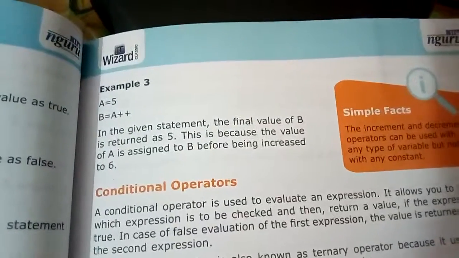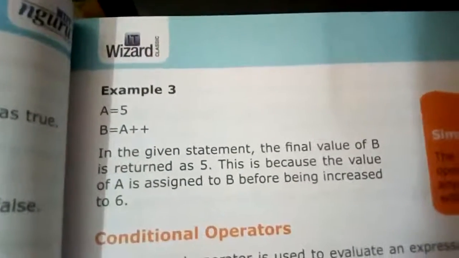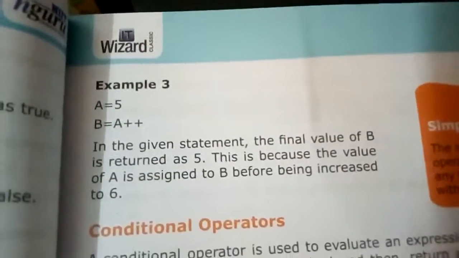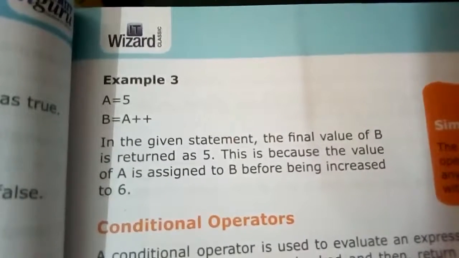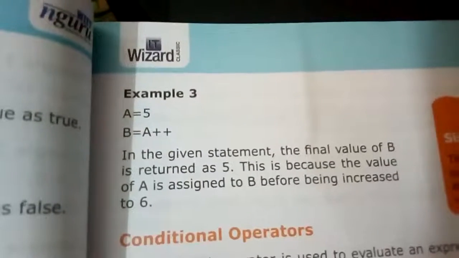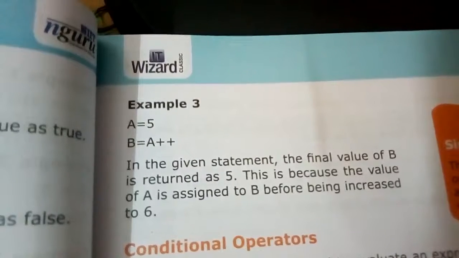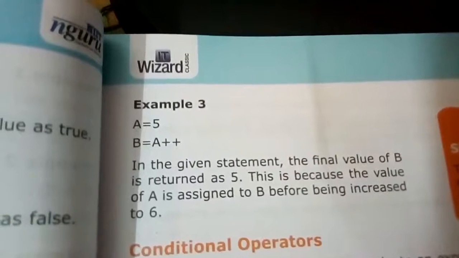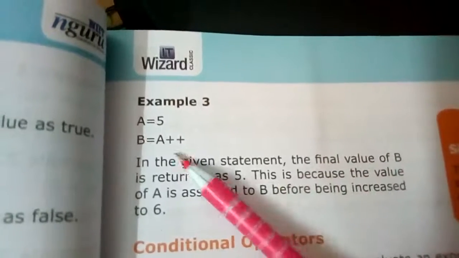Like here you can see example 3, a equal to 5 and b equal to a plus plus. That means first it will take the value of a. If you give the next statement cout b, then what will happen? First it will show the value of a. So what is the value of a? That is 5. Here a equal to 5.